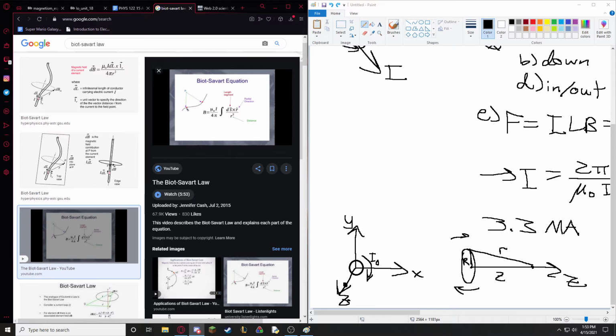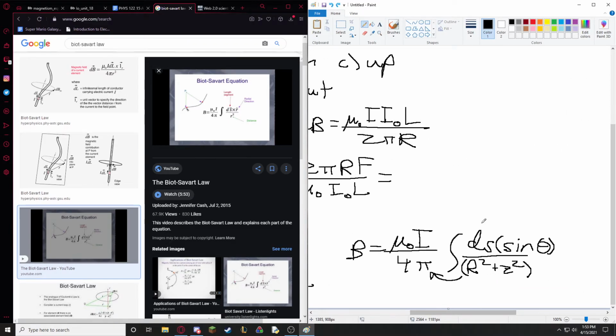And S is going to be, do we know how to find what ds is? I don't know if you guys are totally familiar with cylindrical coordinates.